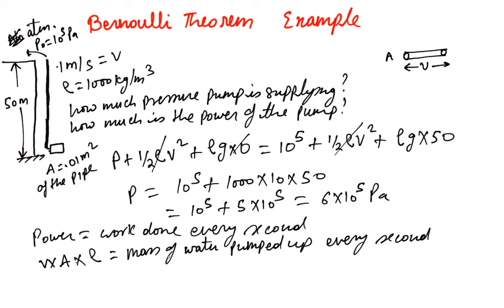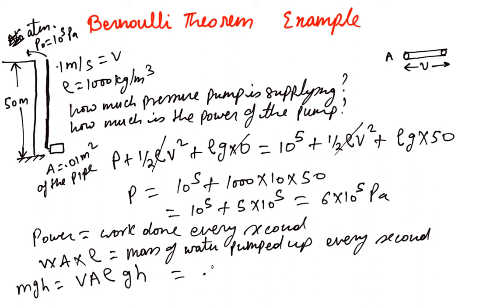How much is the change in potential energy of this water? It's V A rho G H. We know m g h is the change in potential energy. So this is the change in potential energy of the water every second, and this is what?